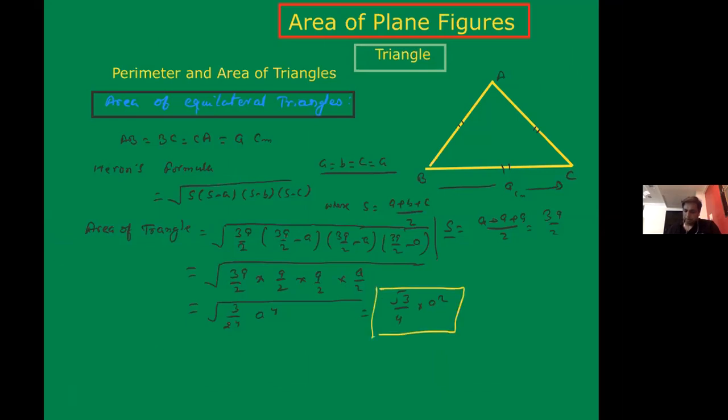So instead of doing all those calculations, we can directly put the value into the formula root 3 by 4 A square, where A is the given side of the equilateral triangle, and find the area.